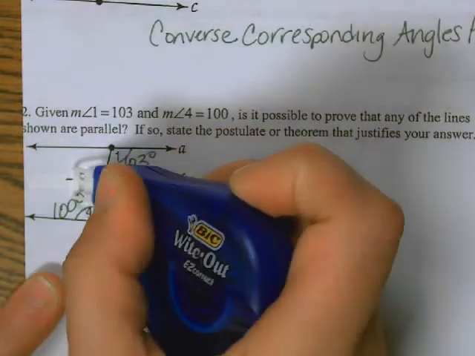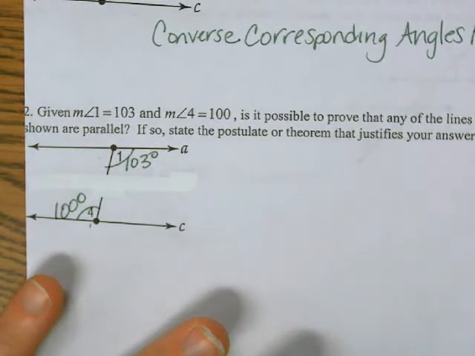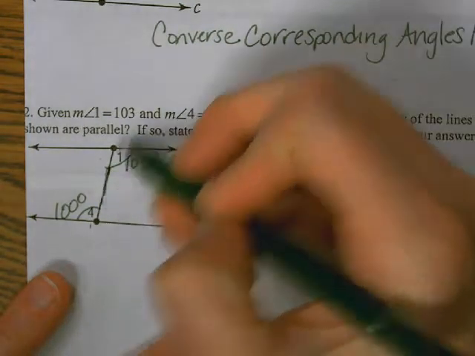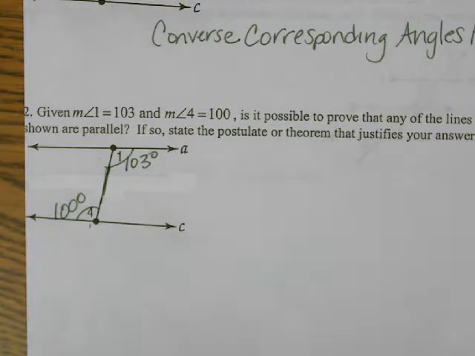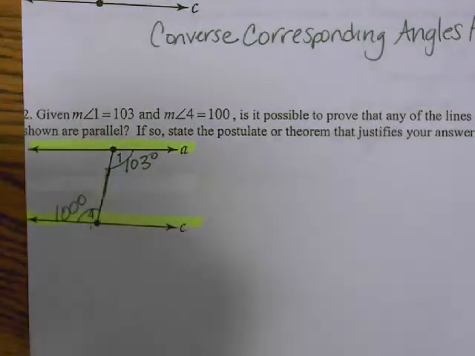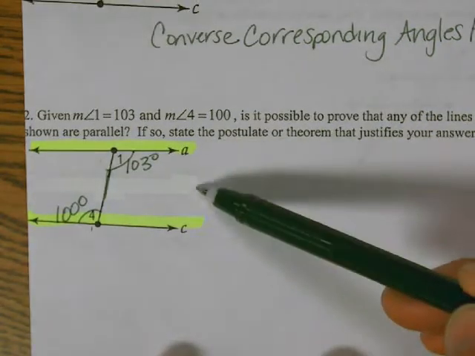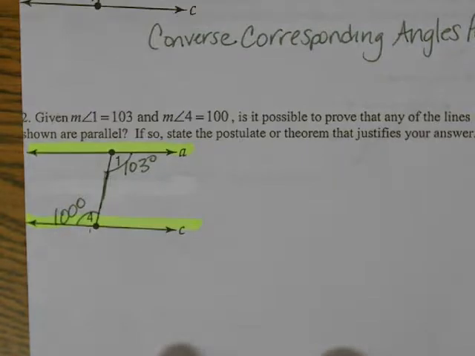If we pretend it's not here, see if it's gone, then we have two lines cut by a transversal. So the two lines that we think might be parallel are this top line and this bottom line. Now obviously you can't white out that middle line, but you can look here and imagine that line being gone on your paper.